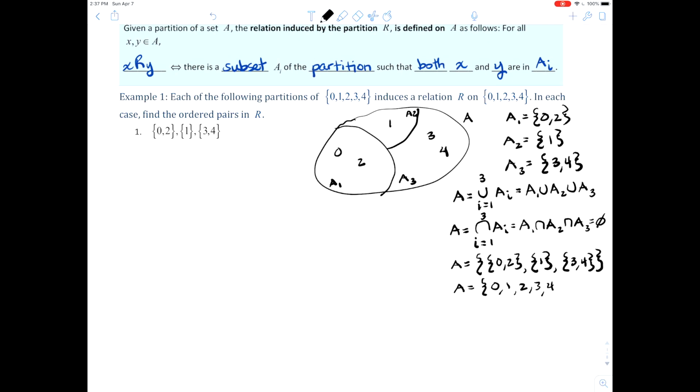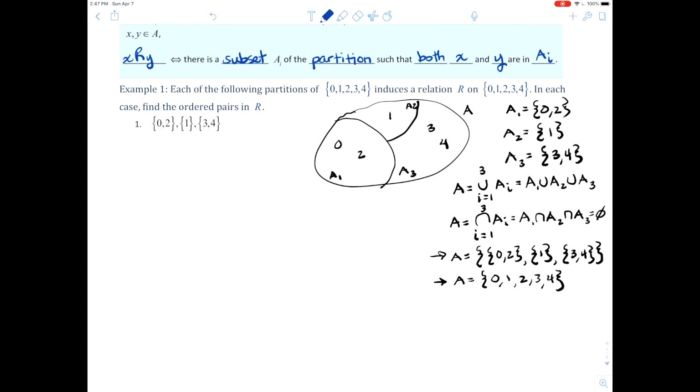So hopefully you can see the difference between how these things are written. This one shows how A is partitioned, and this one just has all of the elements of A. In this example, we've been told that these partitions induce a relation R on the set A, okay? So it's the partitions that are inducing this relation R on the full set A.